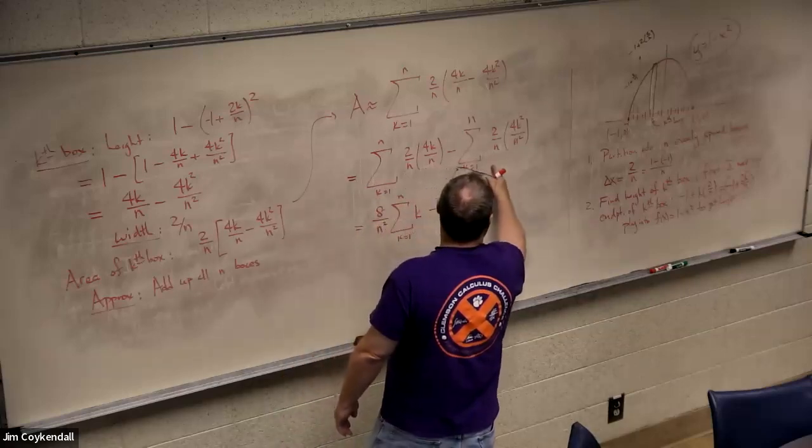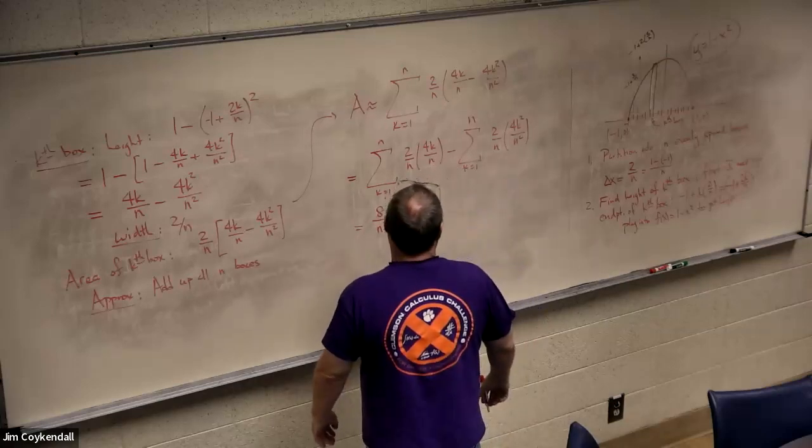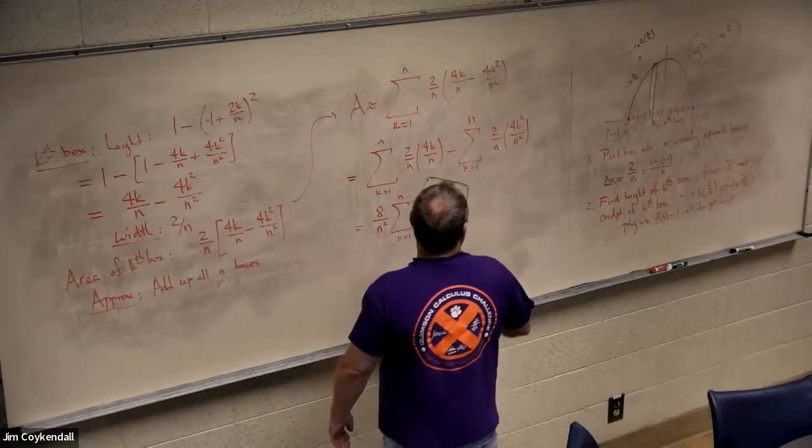And then for the second one, I'm going to pull out 8 over n cubed.